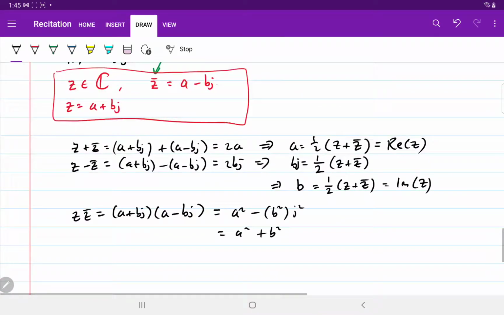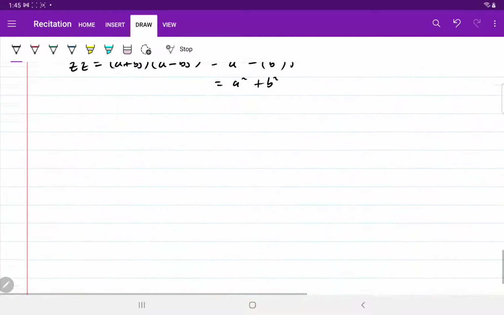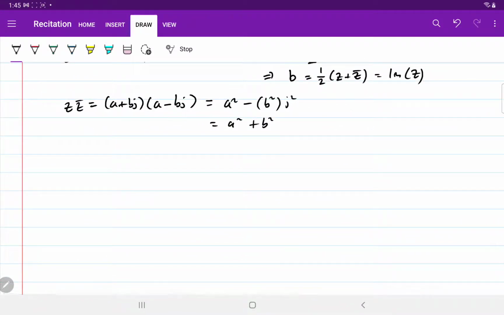Now we can derive the expression for the quotient. What if z1 is divided by z2? Assuming that z2 is not 0, then z1 over z2, you can multiply this by the conjugate of z2 over the conjugate of z2, right?